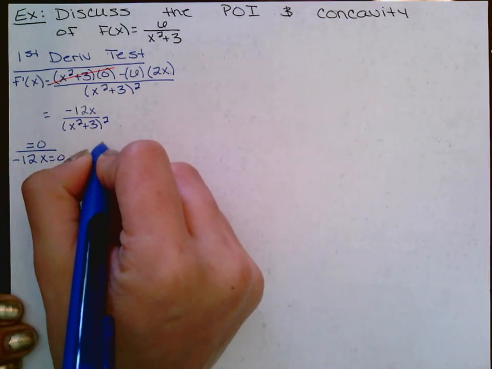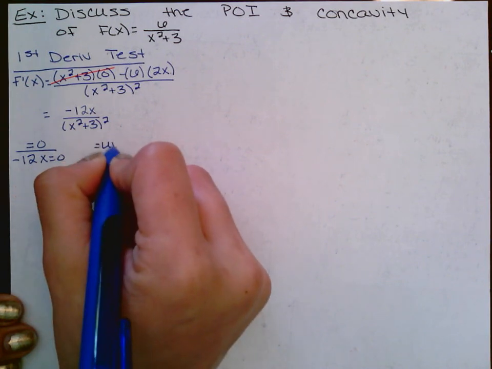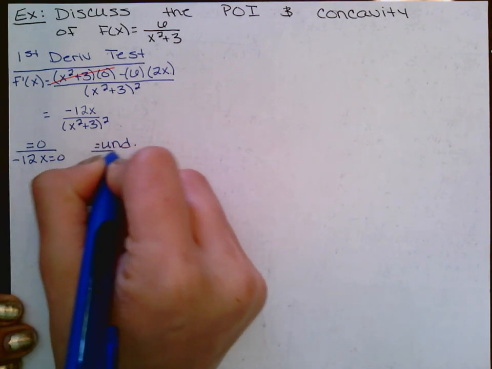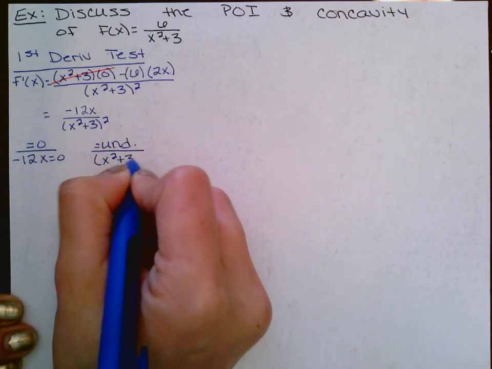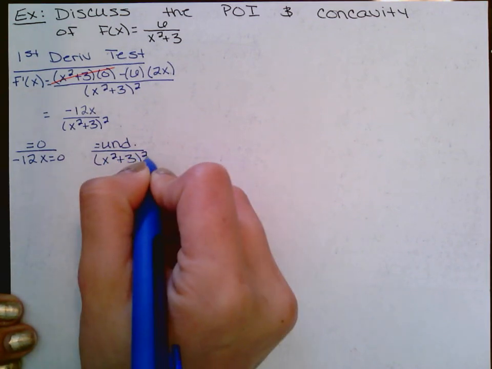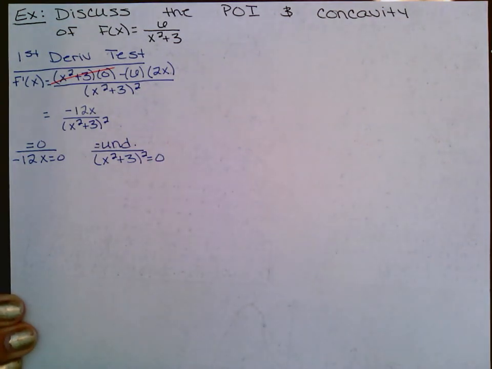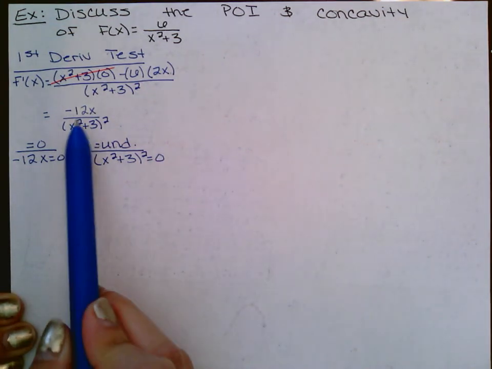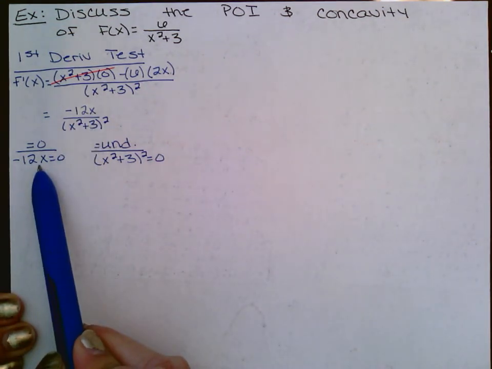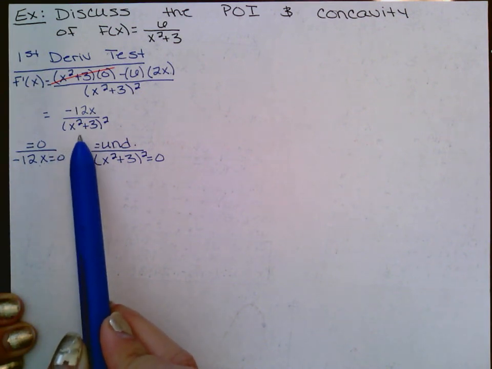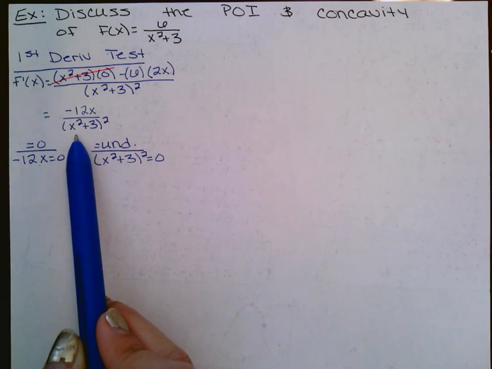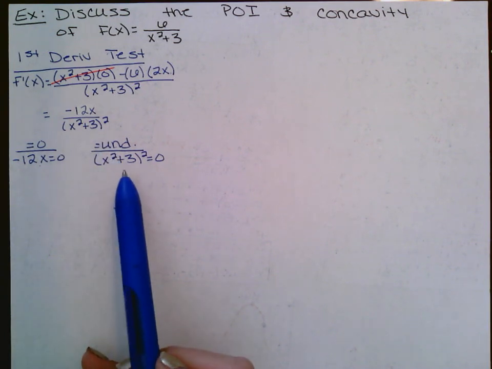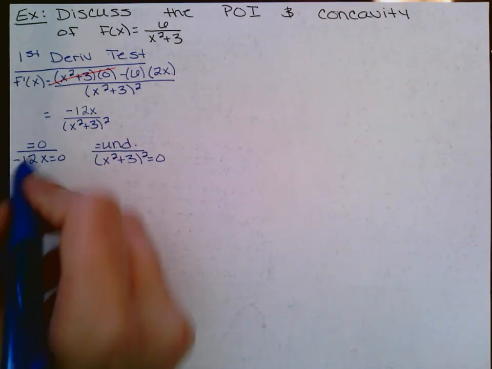And when I ask you to set it equal to undefined, it means set the denominator equal to 0. Okay, so one more time. If a fraction equals 0, it means the numerator equals 0. If a fraction is undefined, which, by the way, fractions are the only time you can really get undefined, the denominator has to get set equal to 0. Okay? All right, so let's keep moving.